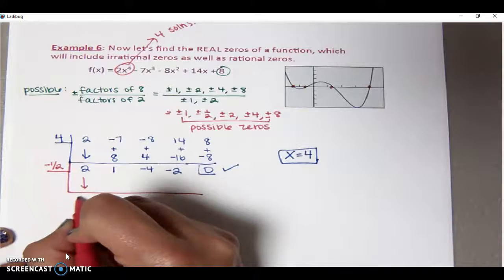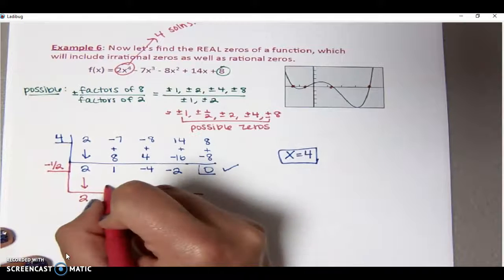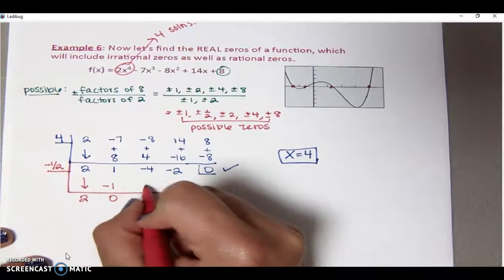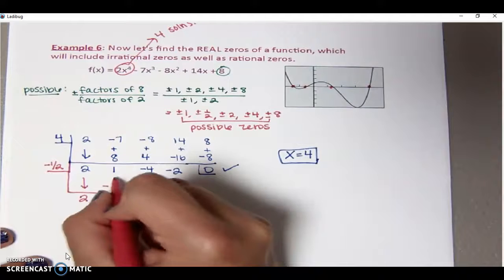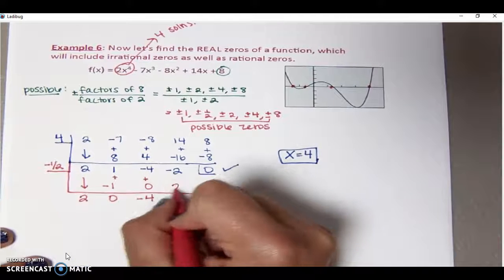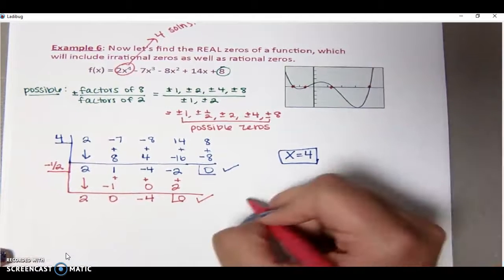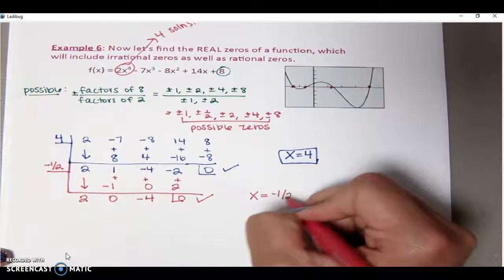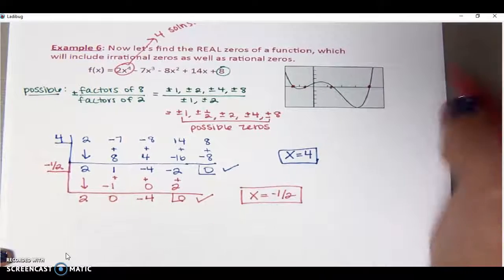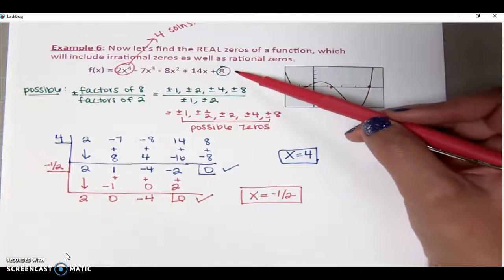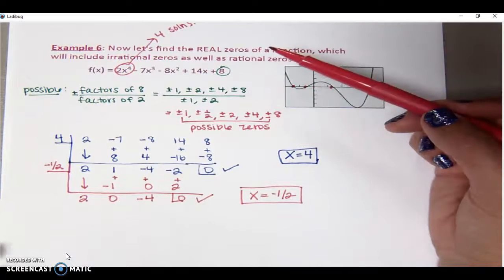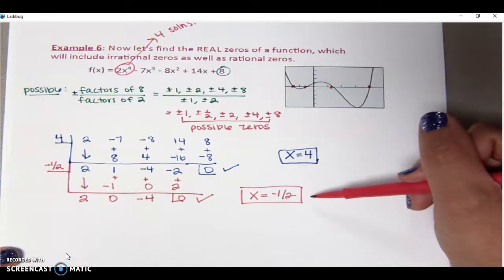And so we're just going to try this and see if it gives us a remainder of 0. And it does give us a remainder of 0. So that's another way of checking. You're just using synthetic division, but if you wanted to do the remainder theorem where you actually plug in, you can check it that way. So both of these are going to be a solution.